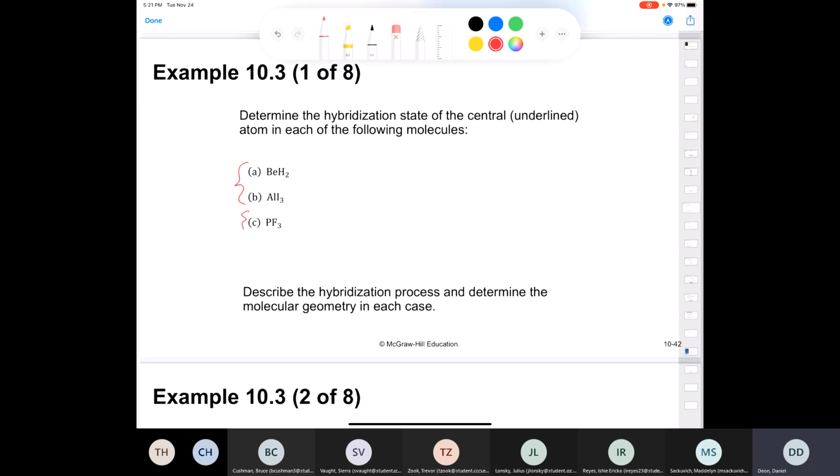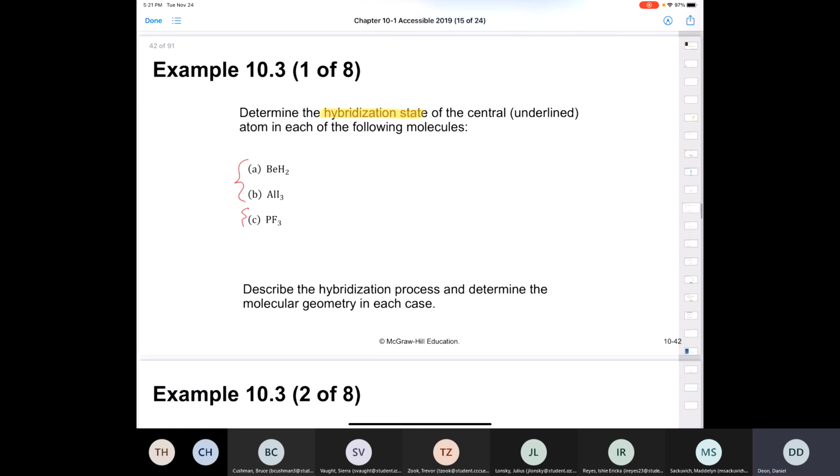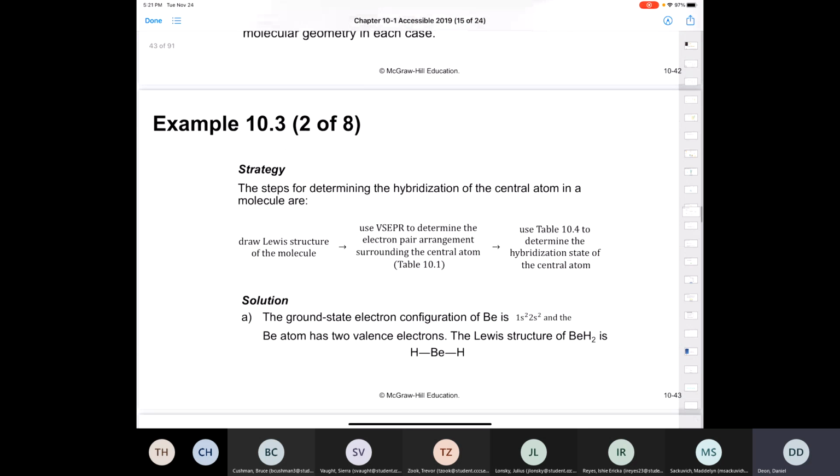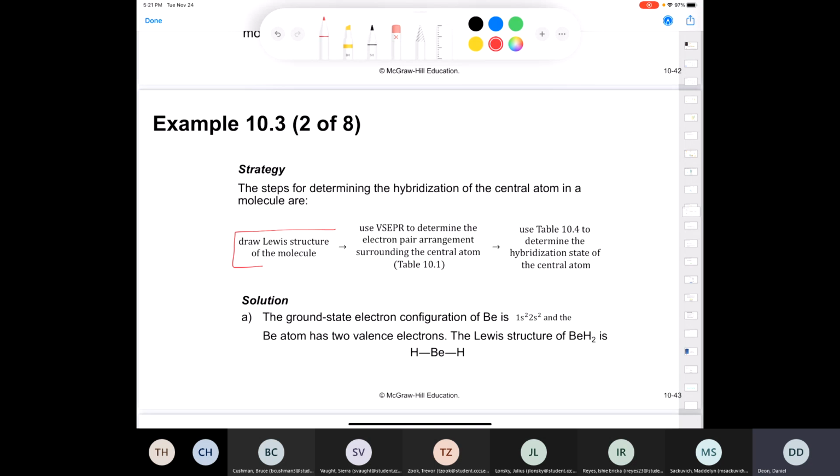We're going to describe the hybridization state of each one of these central atoms. What's the strategy going to be here? Your strategy is simply going to be to draw a Lewis structure. That's the first one. By now you should know how to draw a Lewis structure. Then you're going to use VSEPR, valence shell electron pair repulsion theory, to determine the electron pair arrangement surrounding the atom.